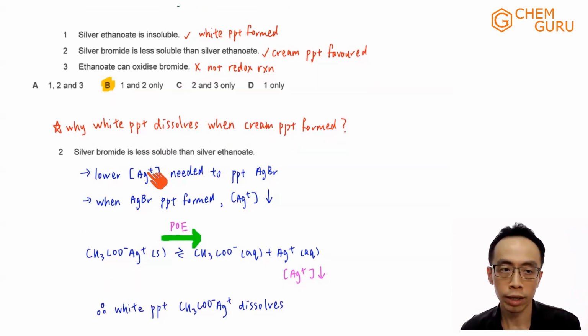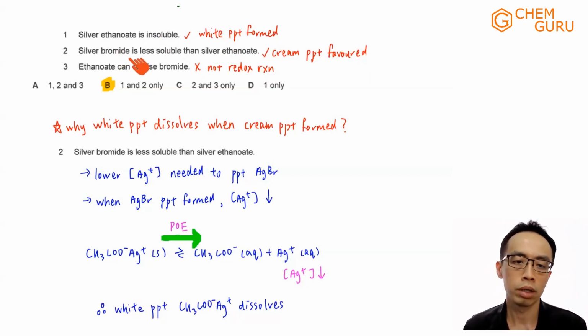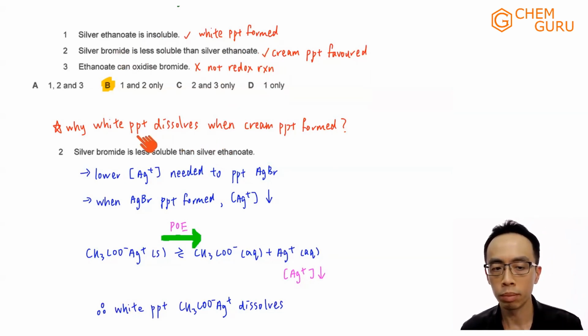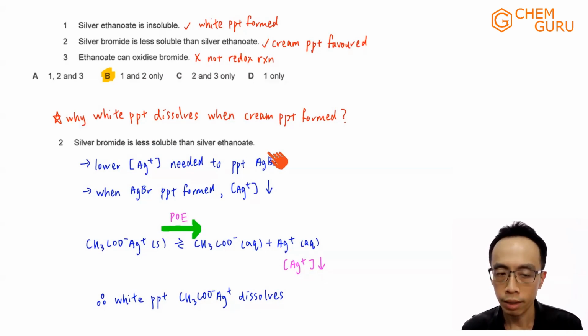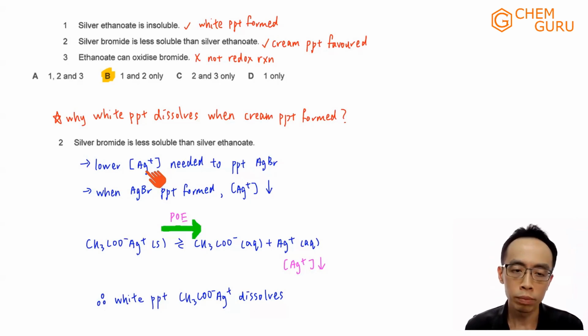Maybe just to add on to that, involving statement number 2. So if silver bromide is less soluble than silver ethanoate, then why would the PPT dissolve when you form the cream PPT? So why is that the case? Now, if I look at statement number 2, silver bromide is less soluble than silver ethanoate. If that statement is true, then it means that I actually need a lower concentration of my Ag+ to precipitate AgBr.